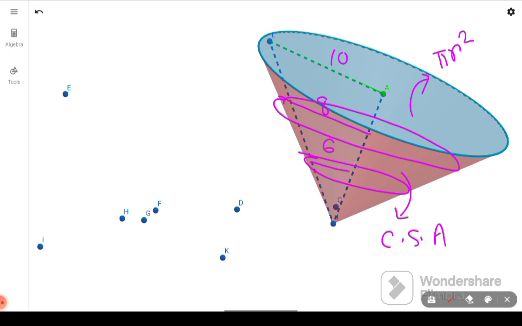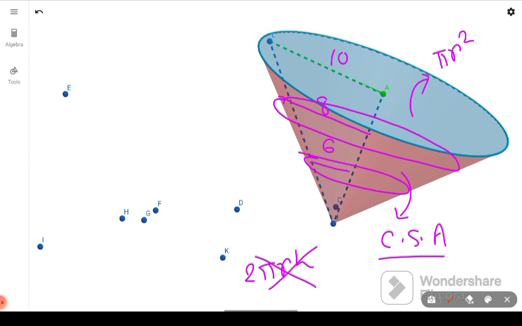Since the radius is not uniform throughout the height, you cannot take the curved surface area as 2 pi r h. In this case the formula will be a little different, and if you want to find it, you have to use the integration formula.